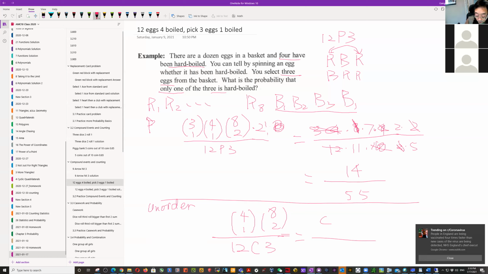So this is 4 multiply, I already calculated this, 7 for 8 choose 2. And 12 choose 3 is 12 multiply 11 multiply 10 divided by 3 factorial. Dividing is multiplying by the reciprocal, so that's going to be 3 factorial here. 3 factorial is actually 6.